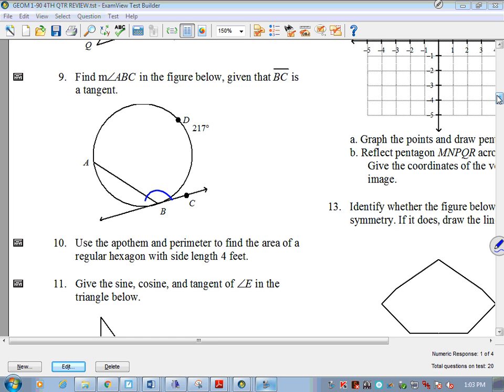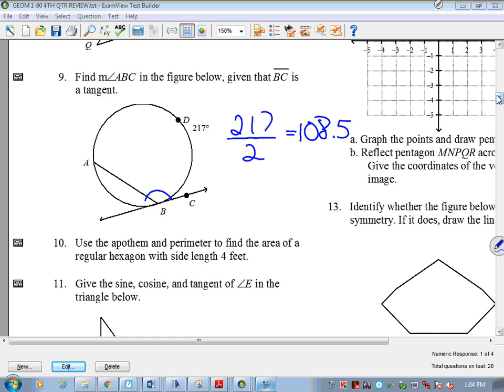Divide what by 2? 217 divided by 2. Okay, what is that? 108.5. Okay, we feel like we understand that. Not a whole lot of work to show. We just want to be careful with that.